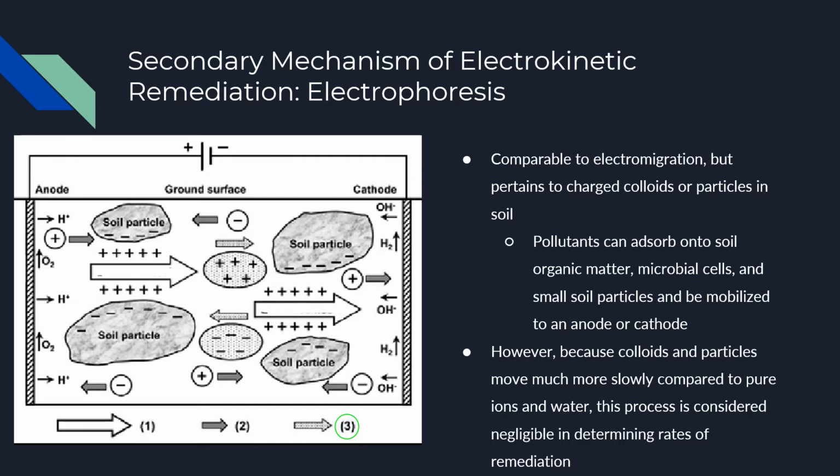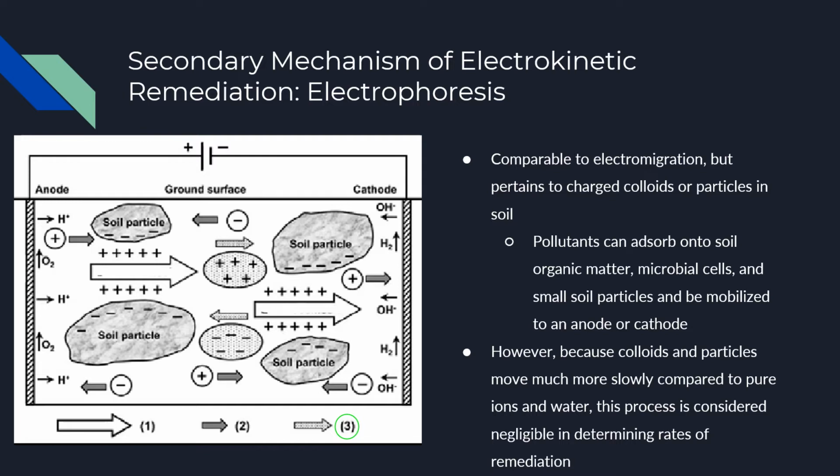It works similarly to electromigration, but pertains specifically to the movement of colloids such as soil organic matter, microbial cells, and smaller soil particles. Heavy metals and other pollutants can adsorb onto the particle surface, giving them a bulk positive or negative charge, which causes them to move towards the anode or cathode, depending on their constitution.